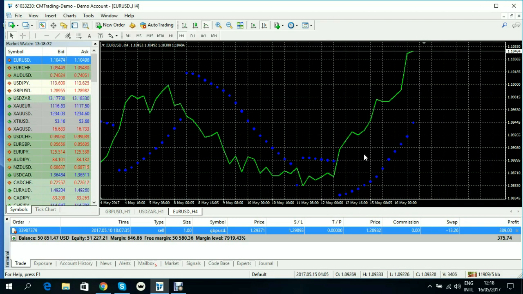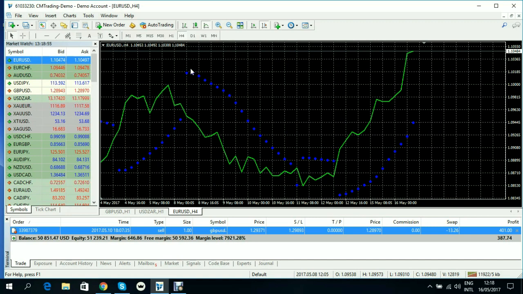That is why I said earlier on that this parabolic indicator includes other things in itself, and one most important thing that it does is that it shows us the support levels and the resistance levels.